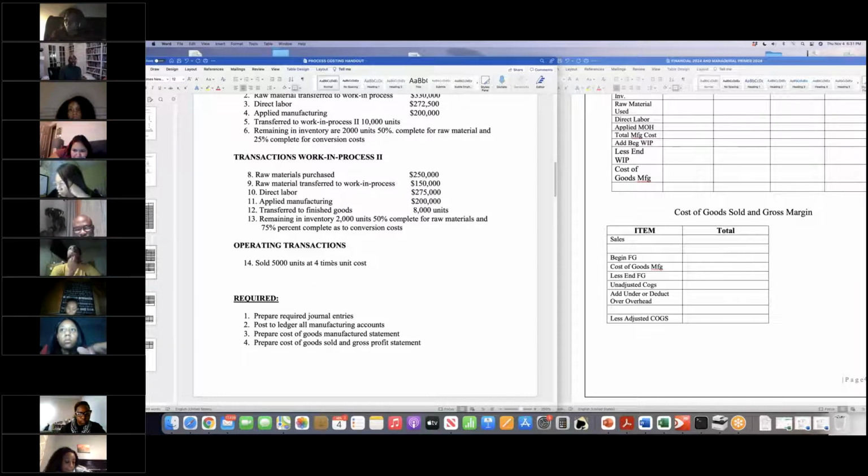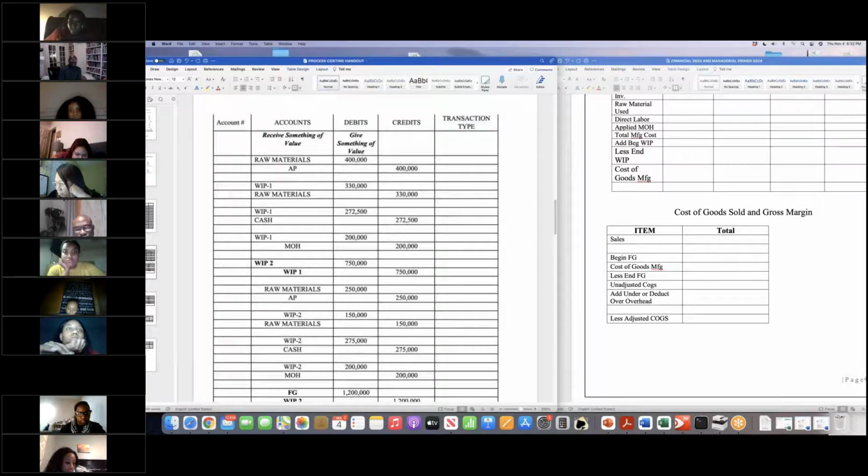But in process costing, the energy companies, some of the areas, they may have to have a fixed cost, but we're just assuming it's 4 times the unit cost.